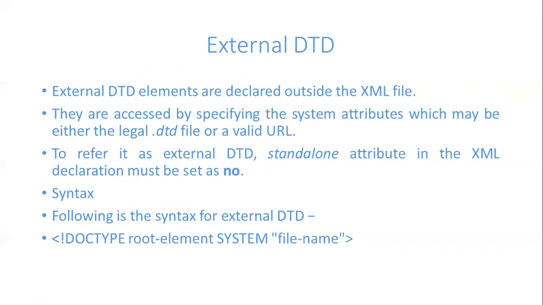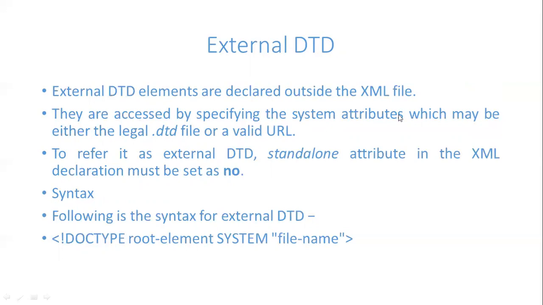The document level CSS is defined within the HTML. The external CSS is defined outside the HTML. Here also it is the same thing, but DTD is not CSS. Remember that. So the document type definitions can be defined within the XML, or they can be outside also. The external DTD is defined outside the XML file.